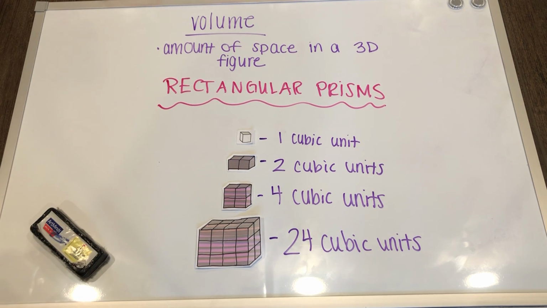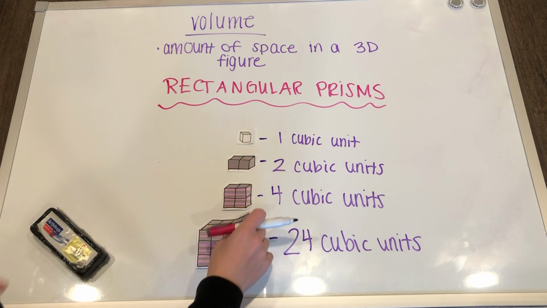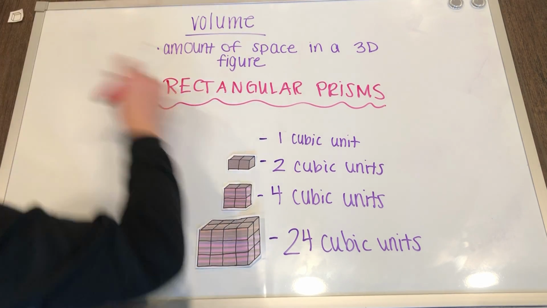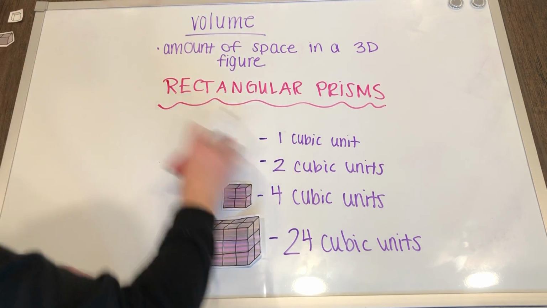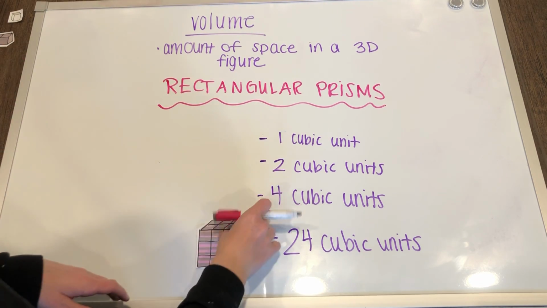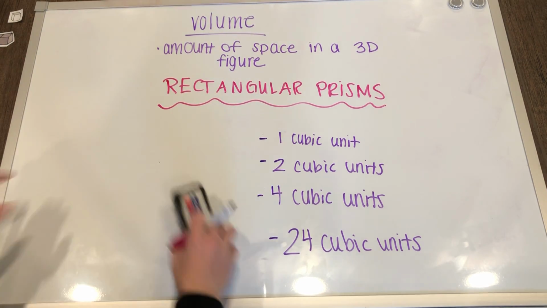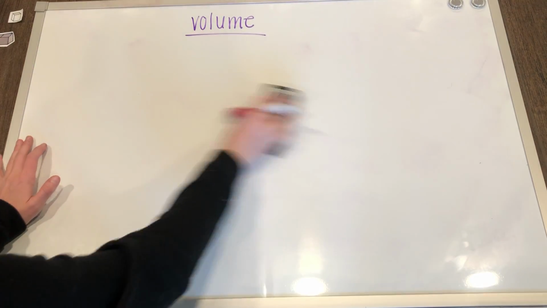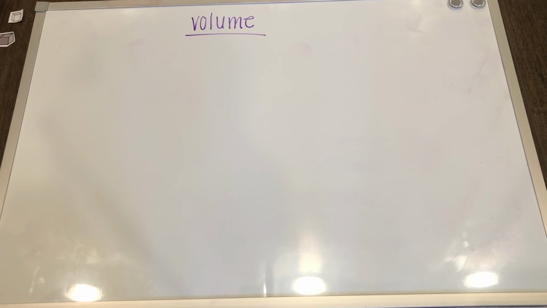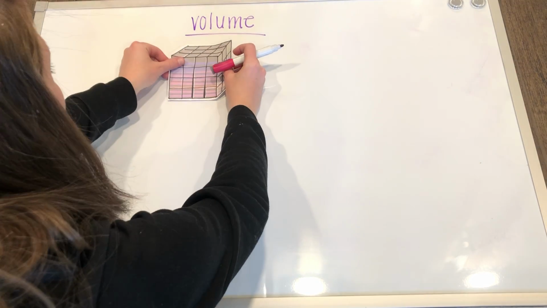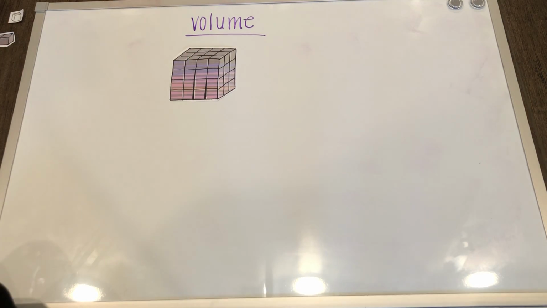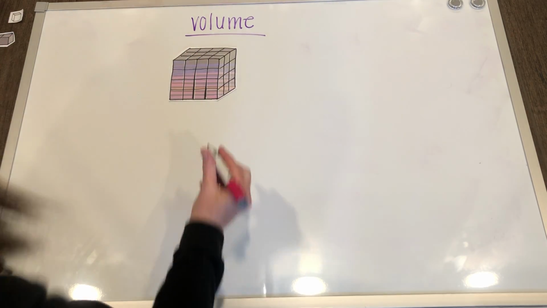Okay. So there is going to be another way that we can figure this out. So let me kind of move these to the side. So something that we can do is we can look at the dimensions of our rectangular prism.